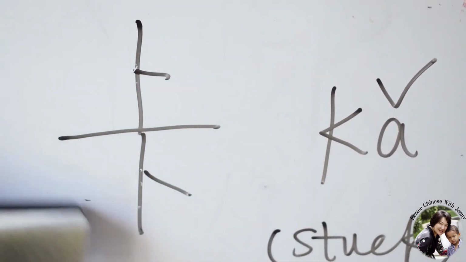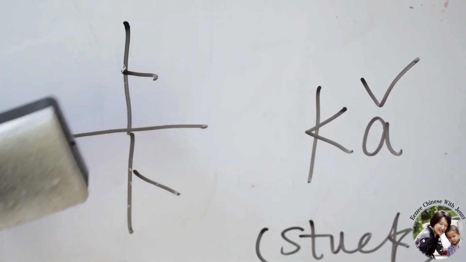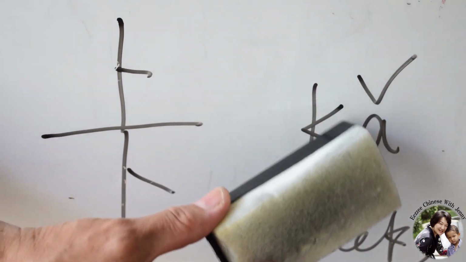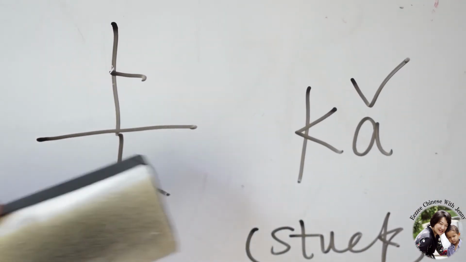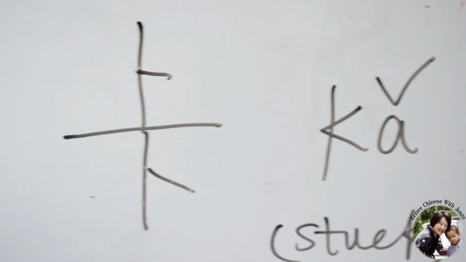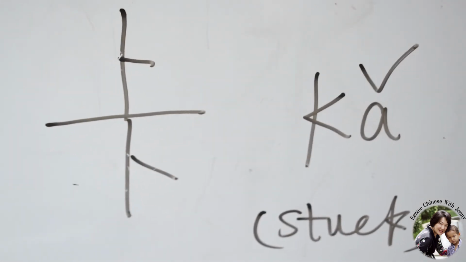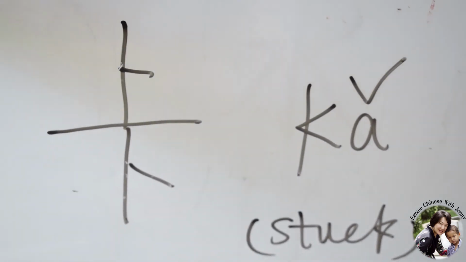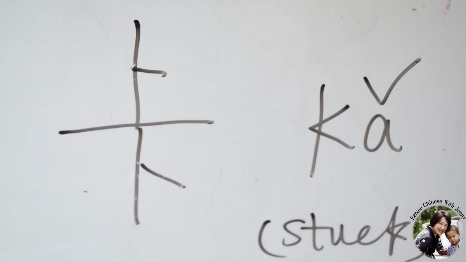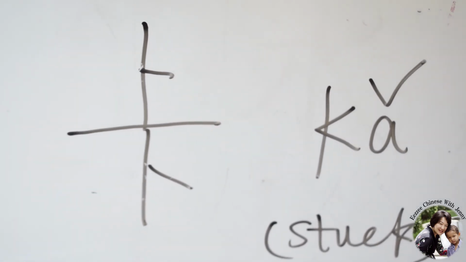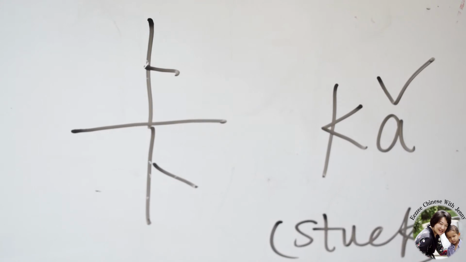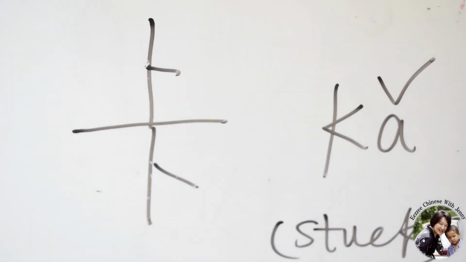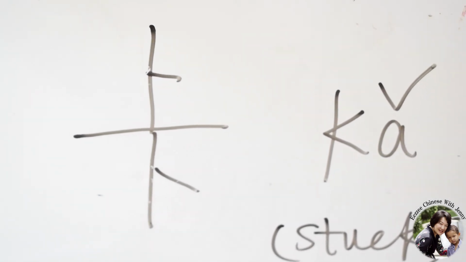So this word means you're stuck in the middle. The pronunciation is ka, the third tone, 卡. It can also be used as a noun. Like your credit card, your debit card, but this 卡 is a borrowed pronunciation of the English word card. So the Chinese borrowed this card, and the pronunciation is 卡, which means card.